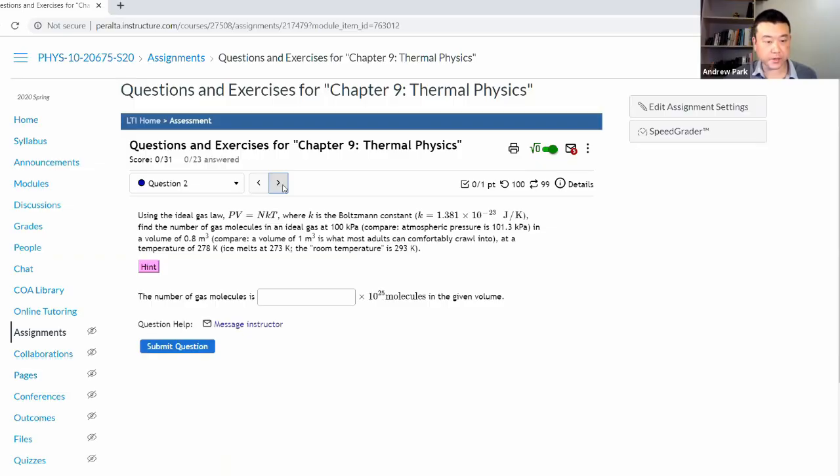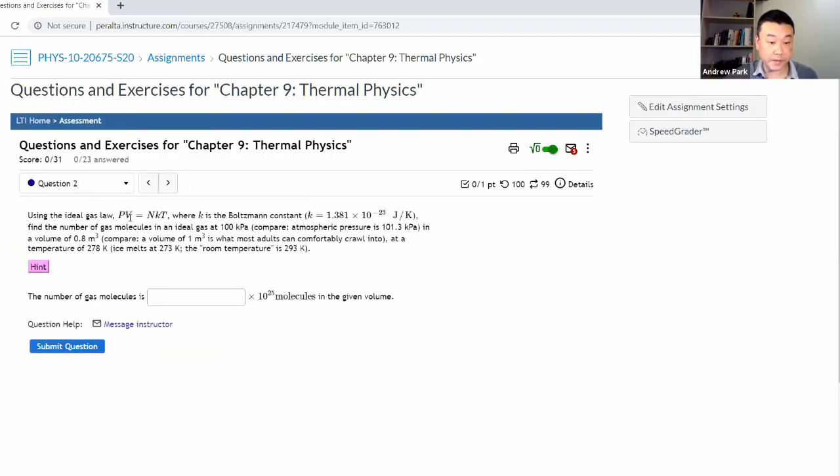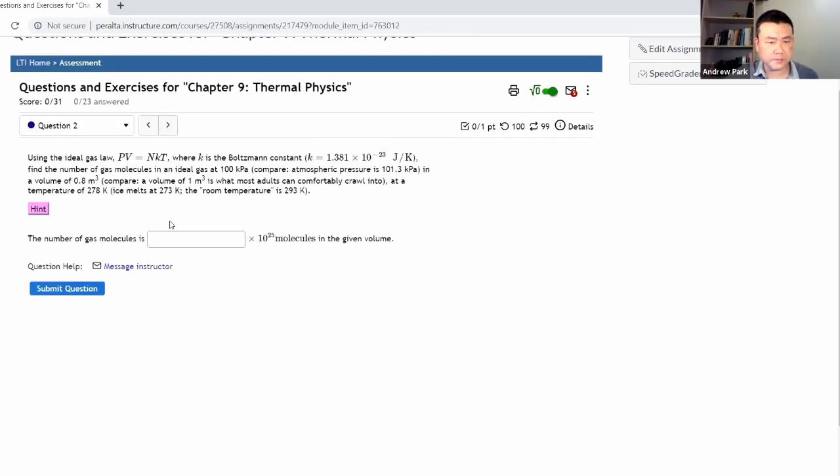Okay, so here's a calculation question. It says, using the ideal gas law, PV equals NkT, where pressure times volume is equal to N, number of gas molecules, times k, Boltzmann constant, times T, temperature in Kelvin. This is where the units are important.